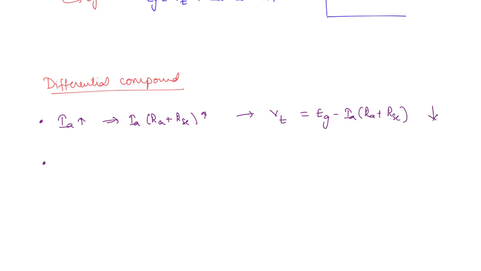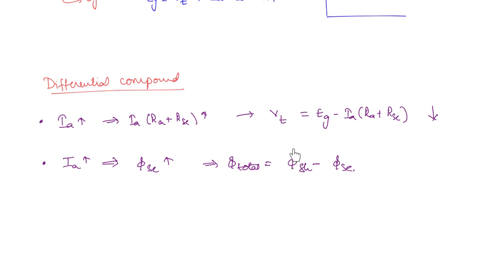And what about the second effect? As Ia increases, then the series field is going to increase. But here since it is differential, what will happen to the total flux? Phi total is equal to phi sh minus phi se. So why phi sh and this is phi se is negative?